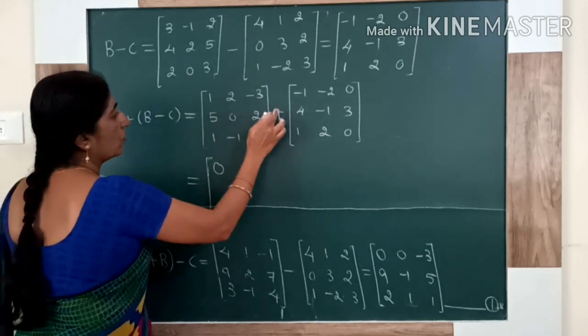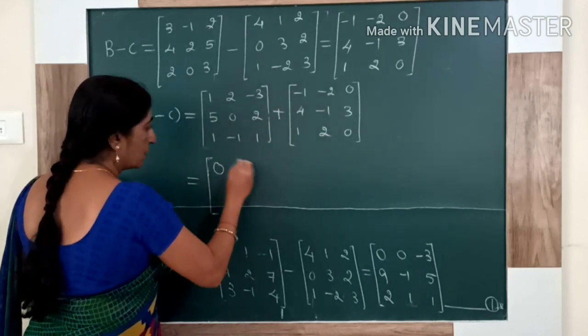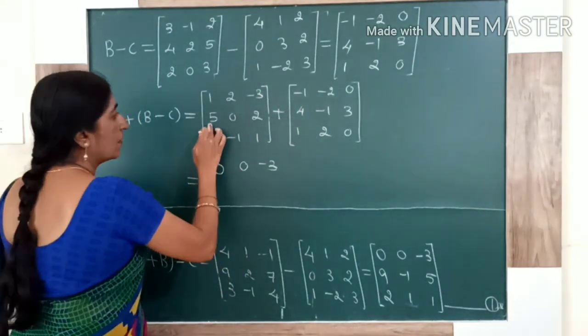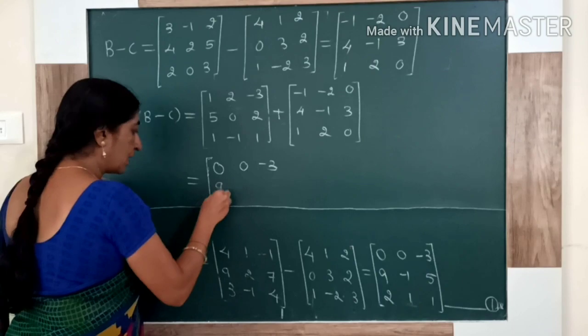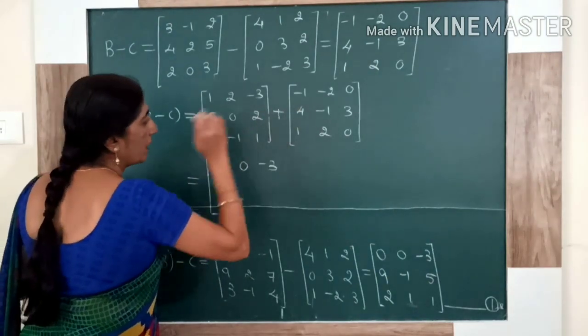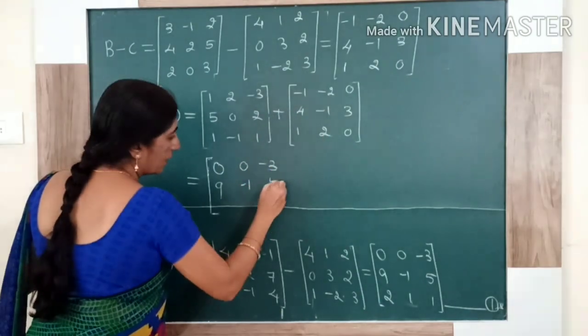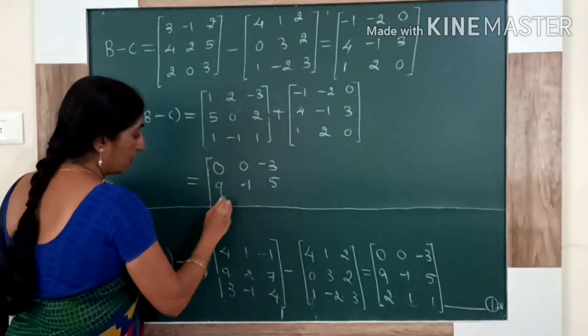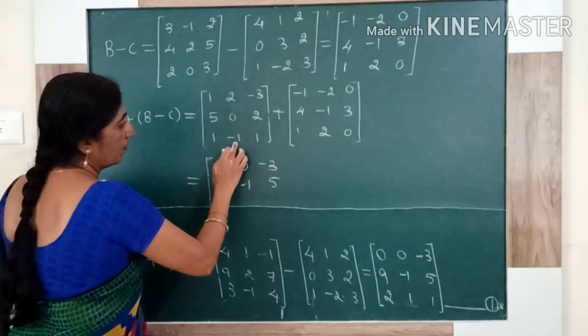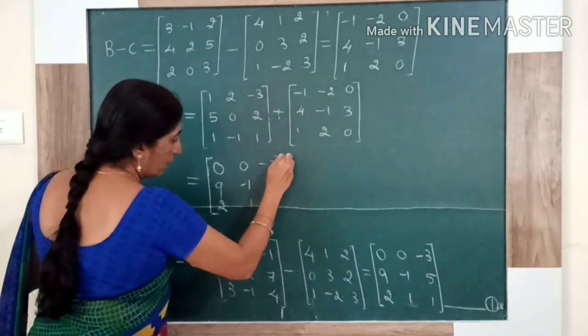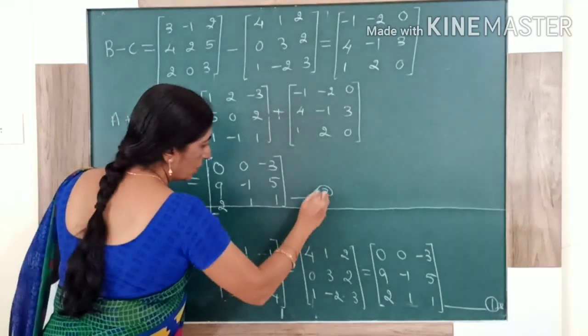Then 2 plus into minus is minus, 0. Minus 3 plus 0, that is minus 3. 5 plus 4, 9. 0 plus into minus is minus, that is minus 1. 2 plus 3, 5. 1 plus 1, 2. Then minus 1 plus 2, 1. 1 plus 0, 1. This we are taking as equation 2.